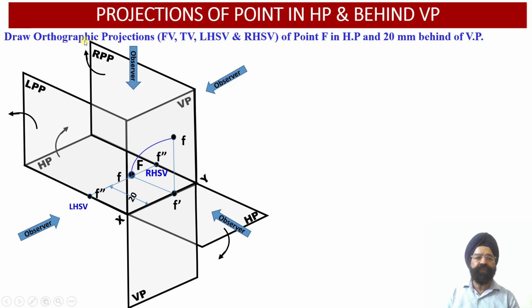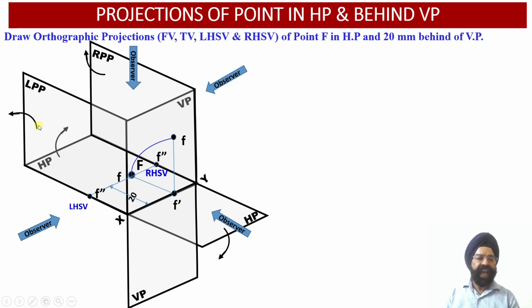And now we observe that since the left profile plane and the right profile plane are perpendicular to the horizontal plane and the vertical plane, that is the front view projection and the top view projection, we need to carry out appropriate rotations of the left profile plane and the right profile plane.